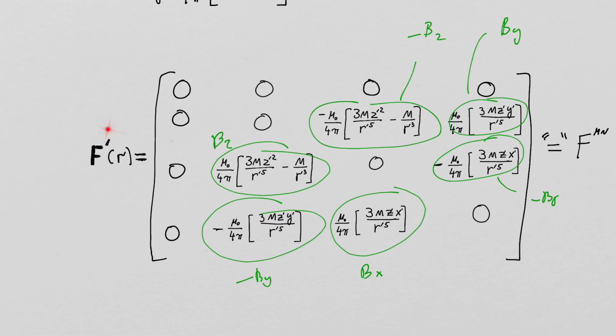Or I can say, no, I've created an actual matrix, which I'm going to call the electromagnetic field tensor matrix, and this is it. Because of the way we've set it up, this is the prime matrix in the prime coordinates. So you give me a coordinate in the prime system, this matrix will return the electromagnetic field components in the various directions for this particular magnetic dipole, which is located at the origin.